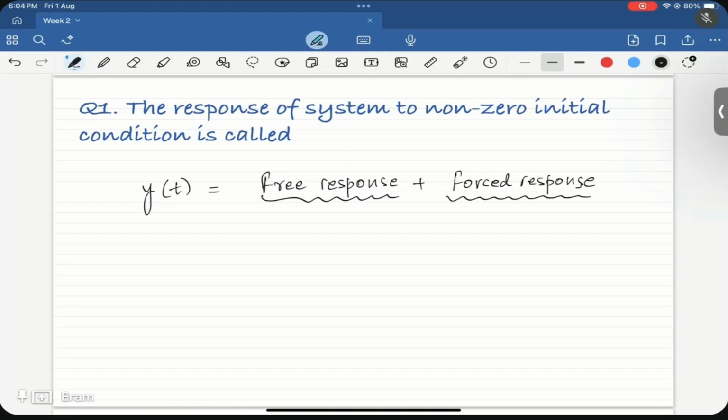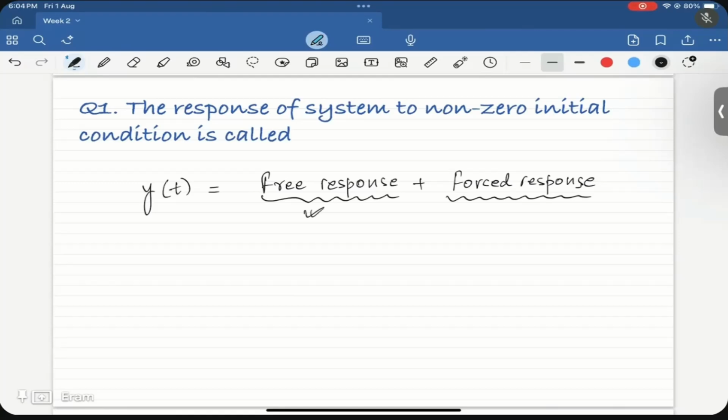So in this case, the response of the system to non-zero initial condition means there is some initial condition given to the system and therefore the system is responding, so that response is called free response.